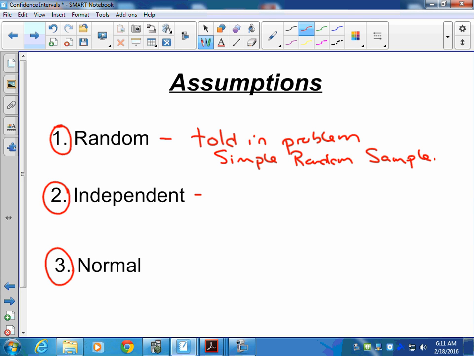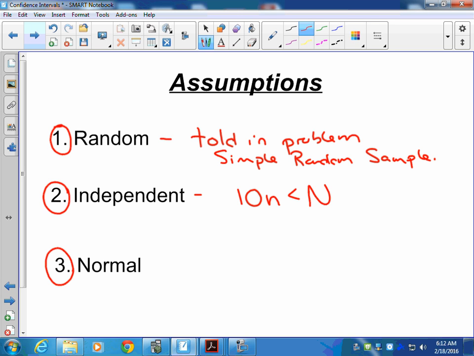Independent is always a calculation. Our independent calculation here is 10 times our sample size. Is that less than the population? The reason why we do this calculation is we don't want our samples to be too large.